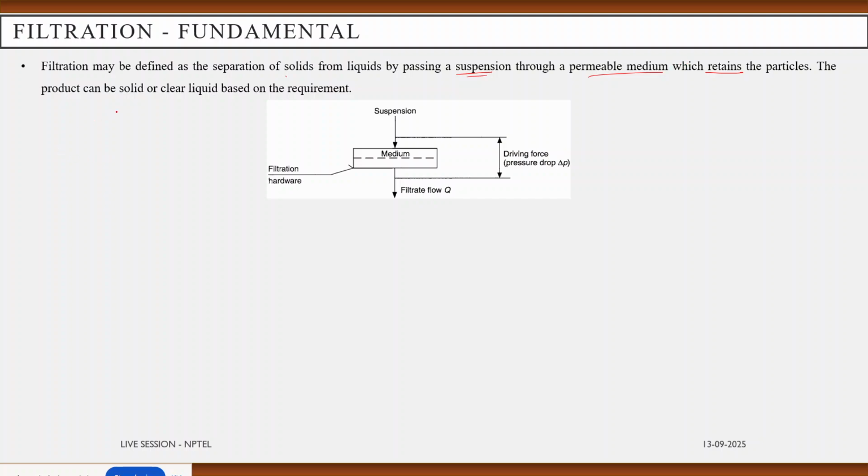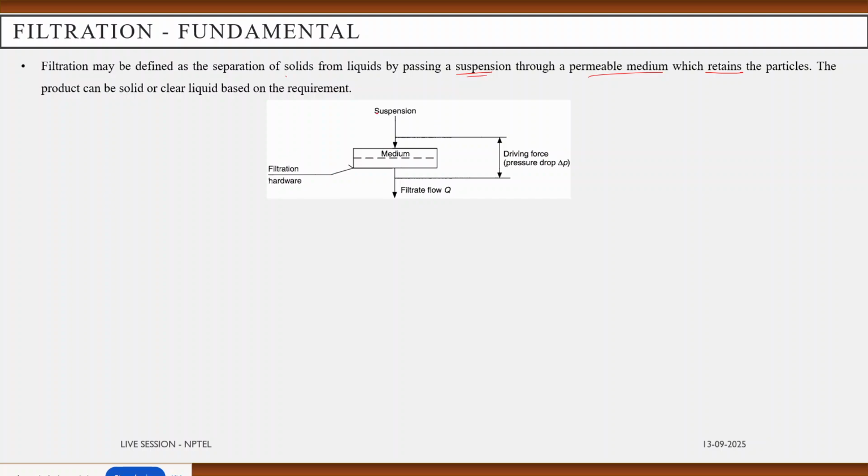The product can be either the solid particles that have been trapped, or our desired product can be the clear liquid, based on our requirement in the process.